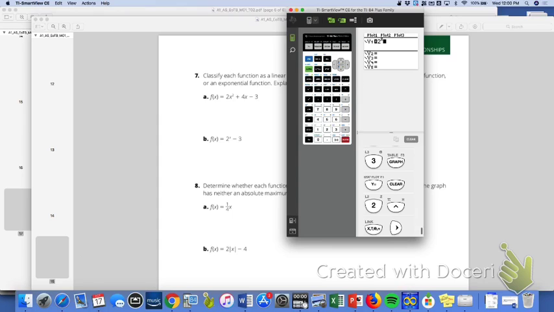Make sure you hit your right arrow to get out of the exponent, and then it's still minus 3, not a negative 3. Make sure yours looks like mine, and click graph. What is that? Exponential. It isn't linear, it isn't quadratic, and it isn't absolute value. That's exponential.